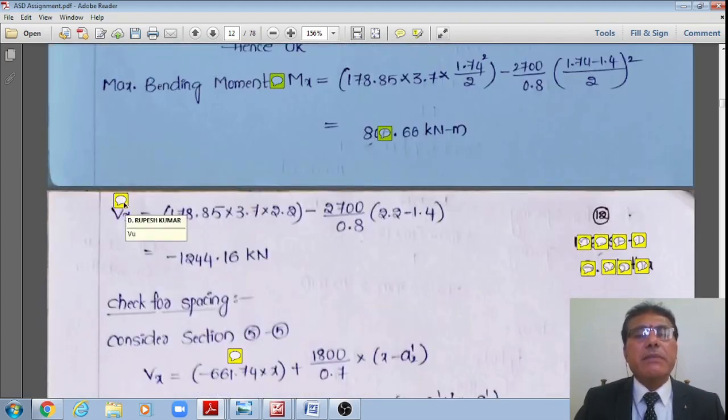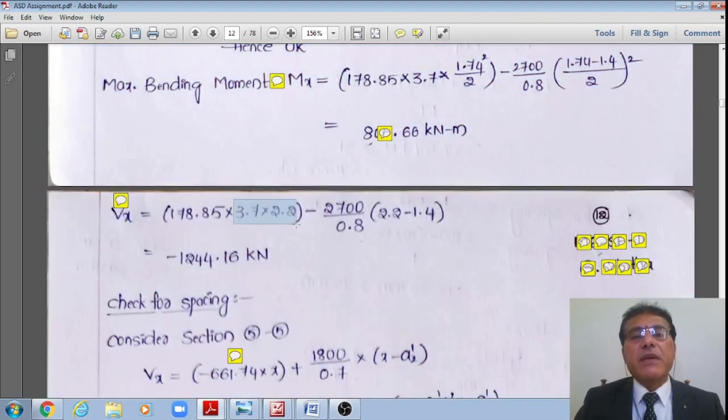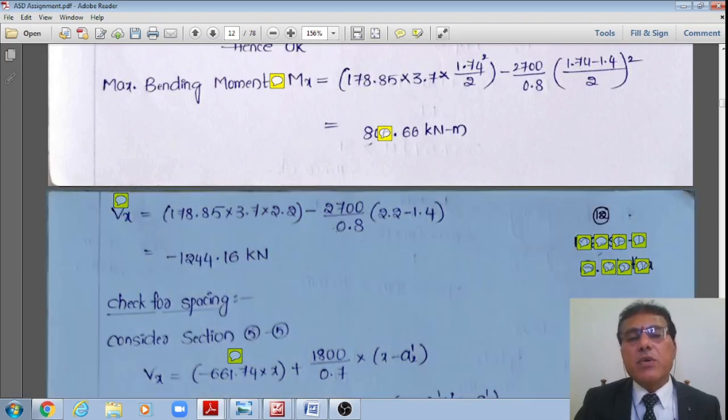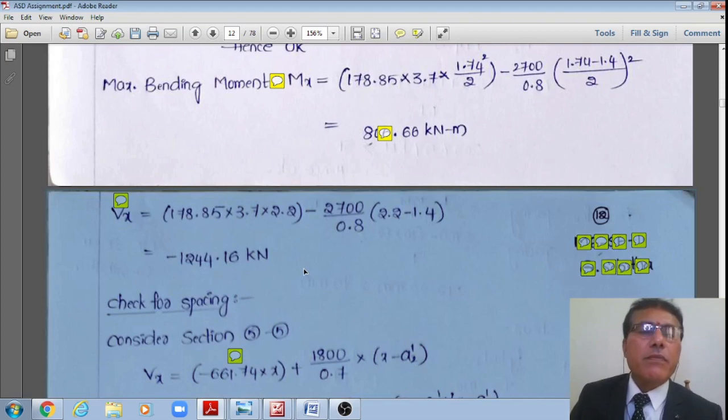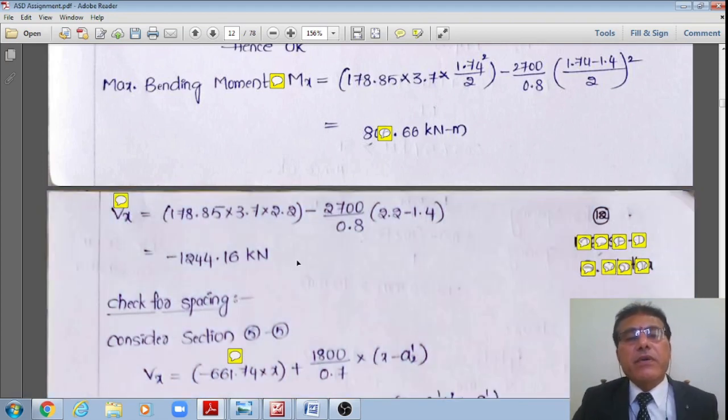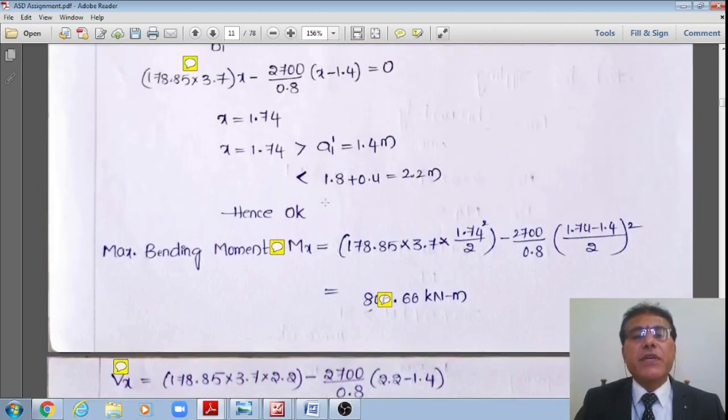And similarly now I'll calculate the shear force, the maximum shear force VU, as 178.85 multiplied by 3.7 multiplied by 2.2, minus 2700 by 0.8 multiplied by 2.2 minus 1.4. This is under the second column, student. Previously it was under the first column.